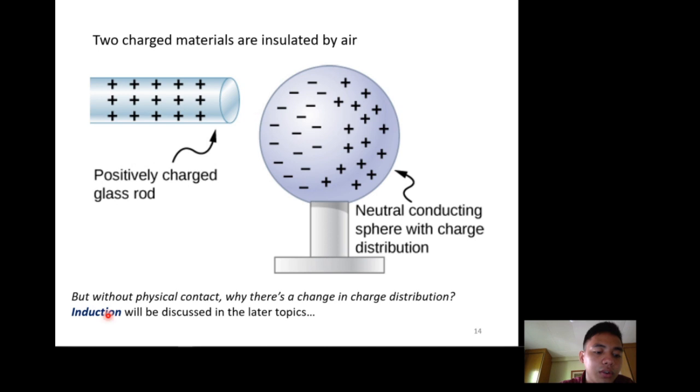So this is what we call induction. We will discuss this one later in a later topic. But you can see here that the charge does not transfer from this metal rod to the conducting sphere, because it is insulated by air.